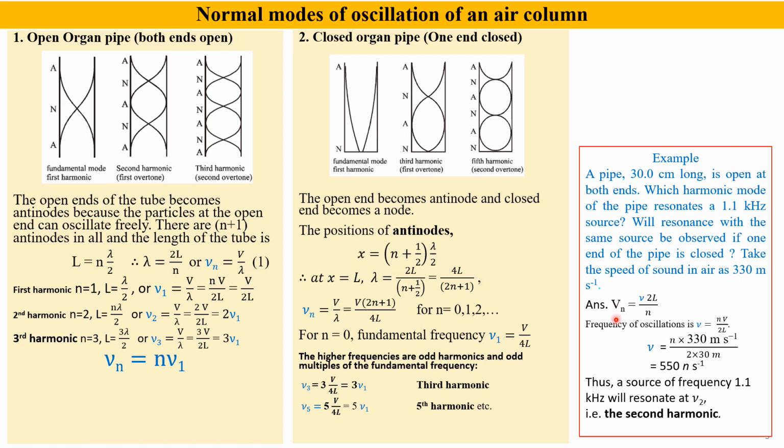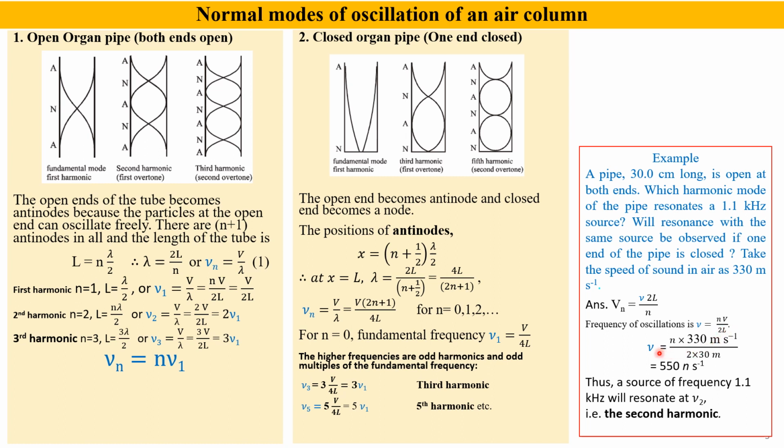We know V n, velocity, is equal to nu into 2L divided by n for both ends. Therefore, frequency of oscillation nu is equal to nV divided by 2L.